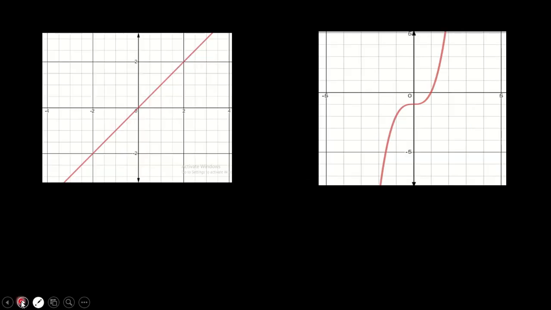Another example. Given that we have here a linear graph, let's try to identify whether it is a function or not. If you draw vertical lines here and here, multiple vertical lines, as you observe, there's only one point that will intersect the vertical line. So if that's the case, this is a function.